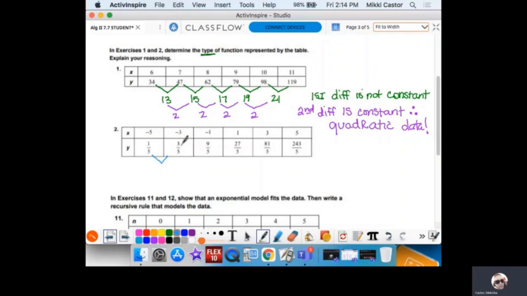What's the difference in the numerators? 2/5. So really all you need is your numerator because it's a common denominator. Go through and do the first differences for me. If they're constant, then what kind of data do you have? Linear. If they're not constant, then you're going to do a second difference.